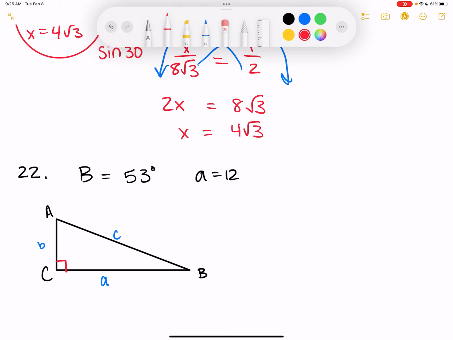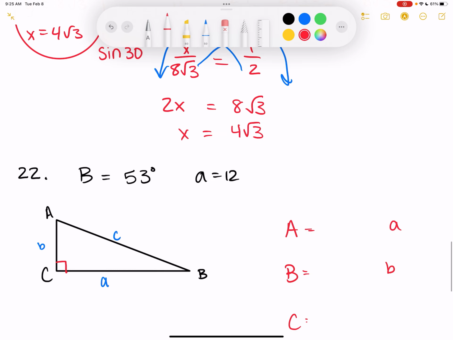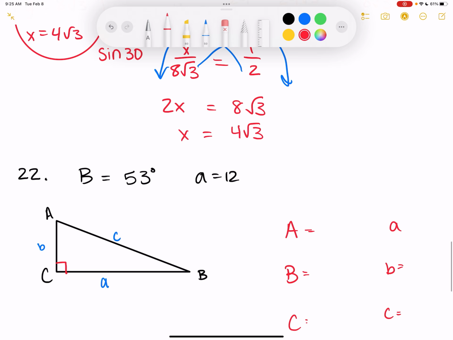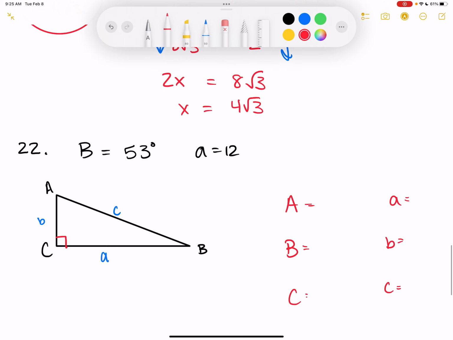All right, so we know that. This is how I set all of these problems up as well: A, B, C. We put in known values. So known, lowercase a is 12, capital B is 53 degrees.